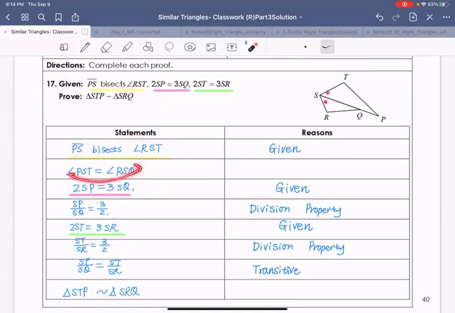These 2 equal. What should I write down here? Definition of similar triangle... angle bisector, right? Oh, yeah.